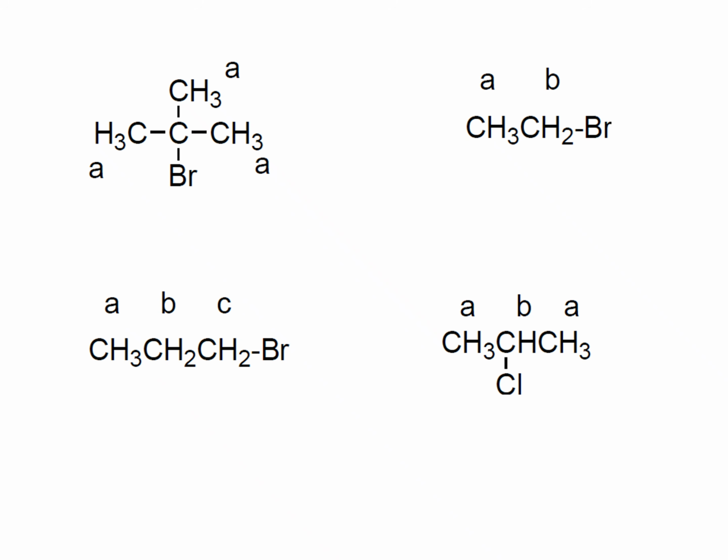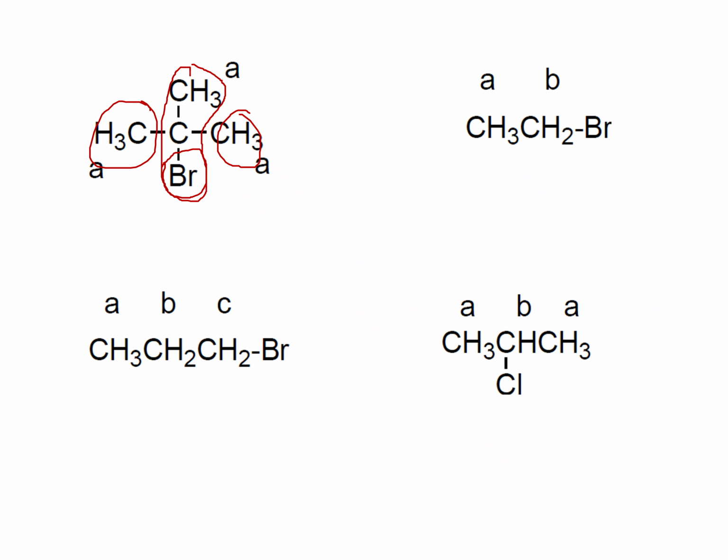Now you can see here is bromide. All of the hydrogens are in the same environment, no problem, so it will also have one environment, which will be in the third or fourth position.